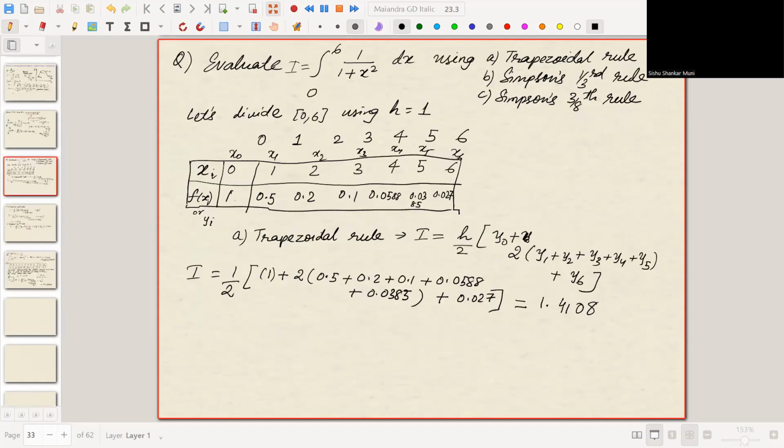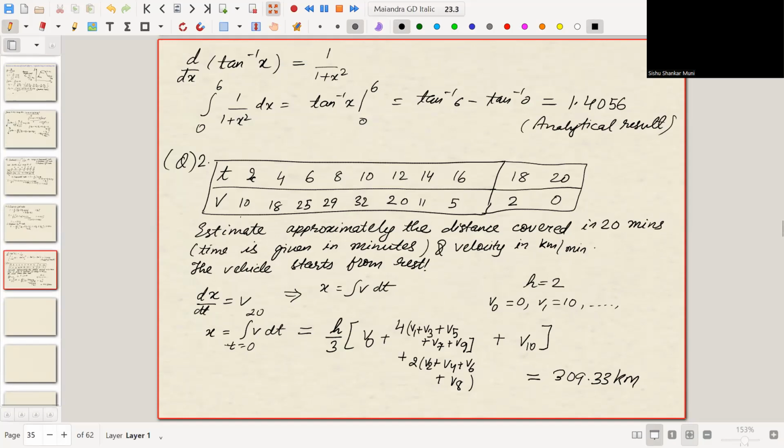So I considered 2 different examples. In one, a function is given to you, then you generate the data set from it, making it equally spaced, and then using different rules of integration, you compute the values. Next, we don't know the function yet, we are just given the data.